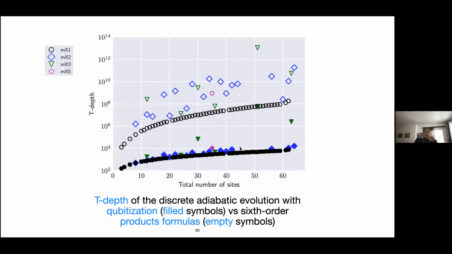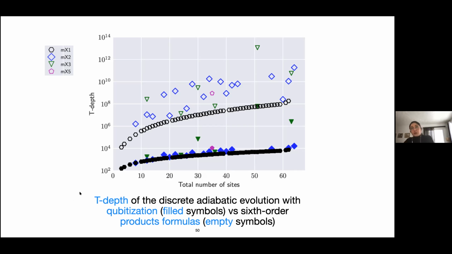In general, when you want to implement the exponential of a Hamiltonian, you will need to use something like a Trotter-Suzuki decomposition in order to approximate the unitary you're interested in. But in the case of the qubitized version, you actually have an exact implementation. So you don't have any error that comes from a decomposition.